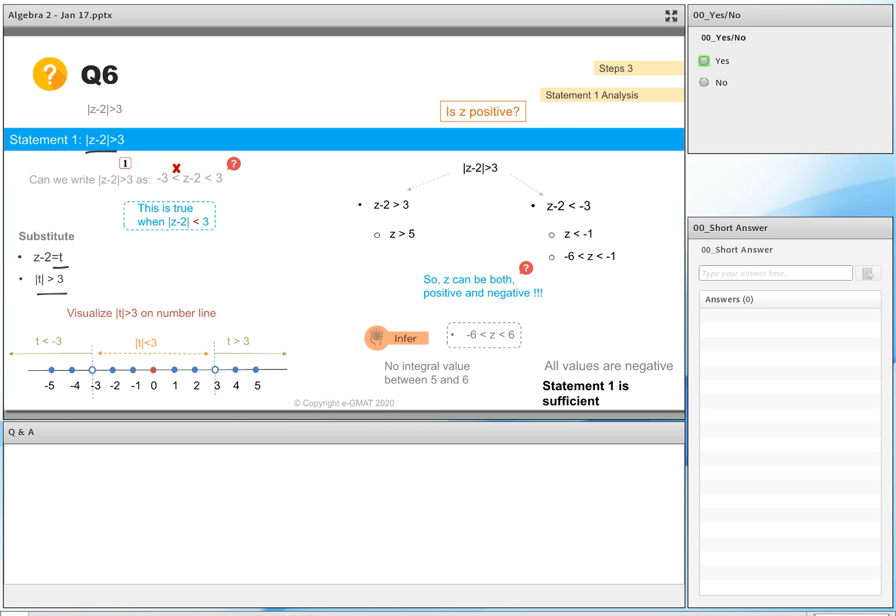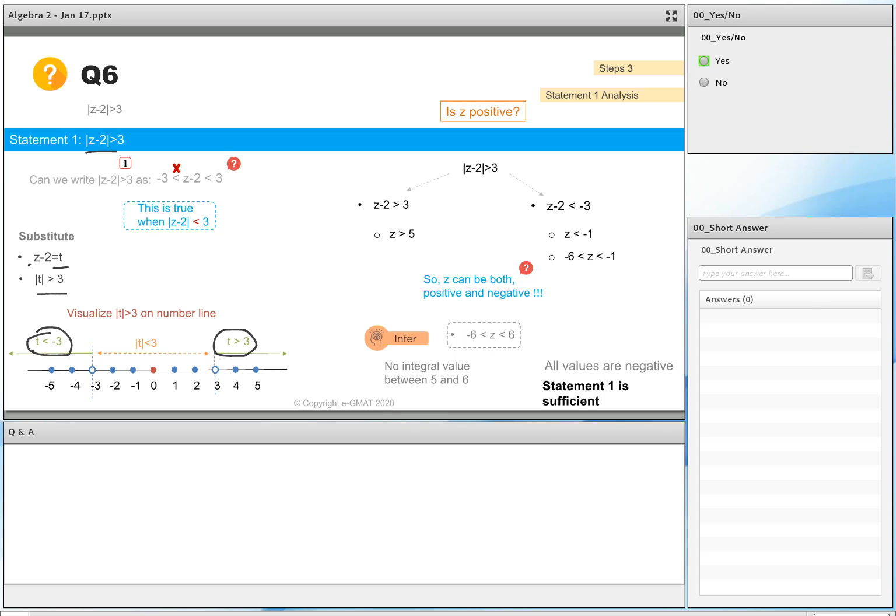The only possibilities are when t is greater than 3 itself, or t is less than -3. Only then would mod of t be greater than 3. These are the two possibilities, but we cannot answer in t, we need to answer in z, so we need to replace t with z.